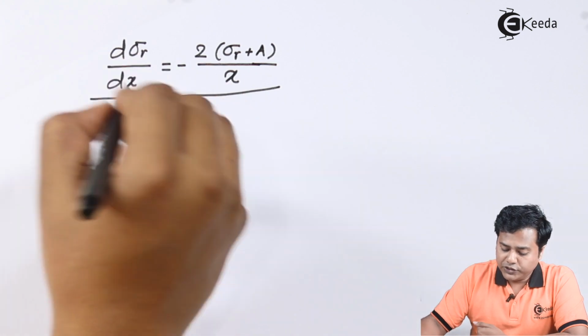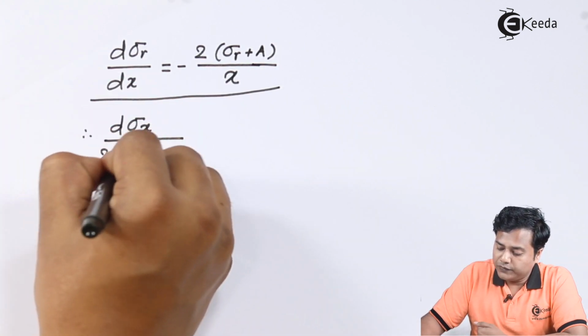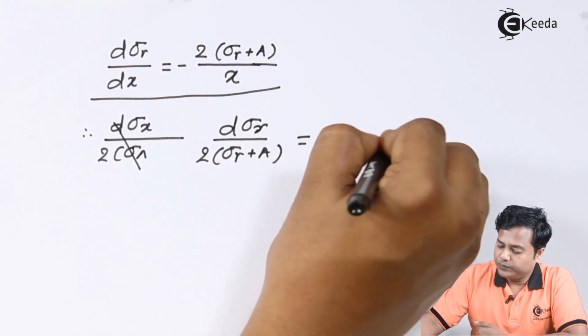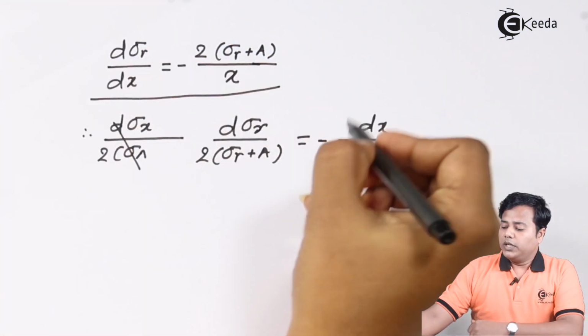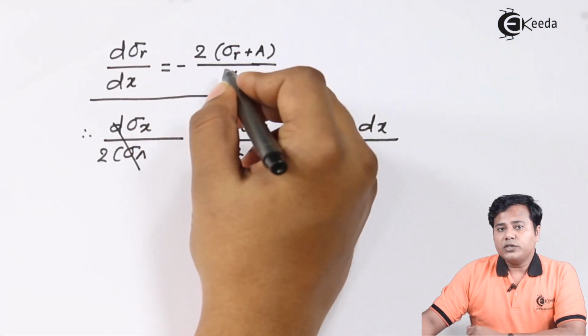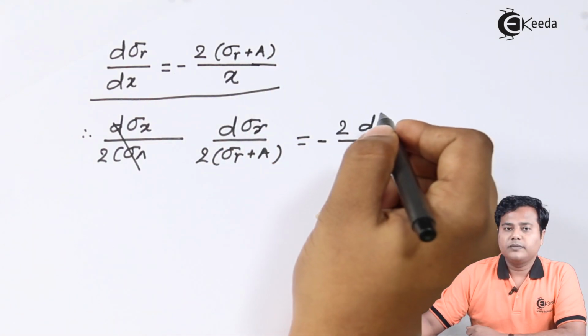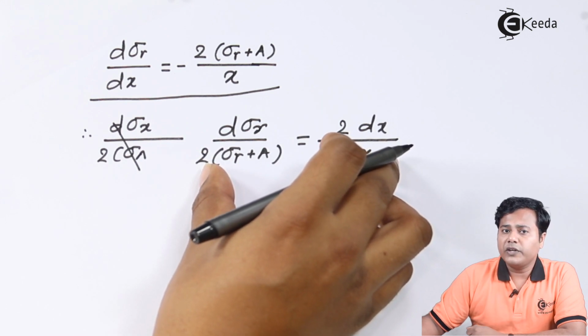Using this fraction, we take cross products, and it has to be equal to dx upon x, with the minus sign. So upon cross multiplication, we get this particular factor twice. Now we know that this expression is valid only for the small strip which we have considered.